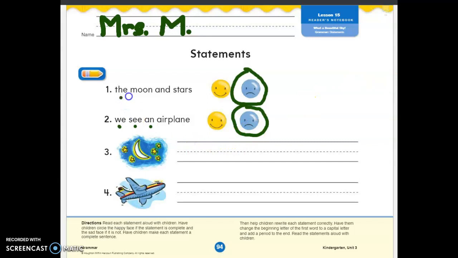So let's say the moon and stars. So that's going to be about this one because of the picture, right? It has a moon and stars. So go ahead and write your capital T. And go from top to bottom and cross over at the top. And then make your the. Remember your space in between, finger space. The moon.